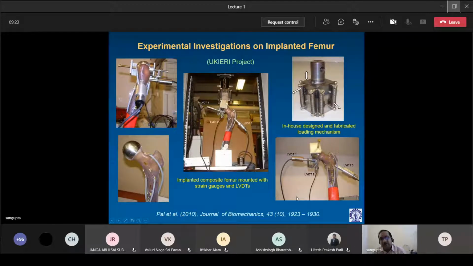Plus, you can see an LVDT3, which is trying to measure the displacement of the tip of the implant.